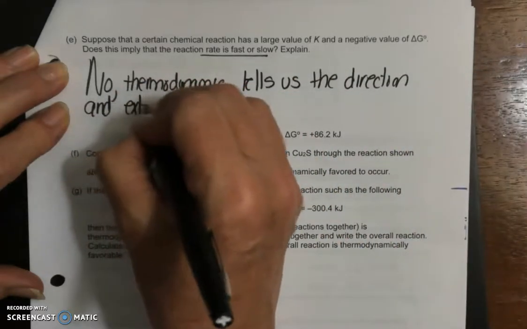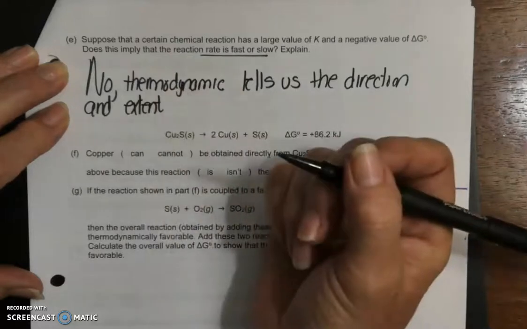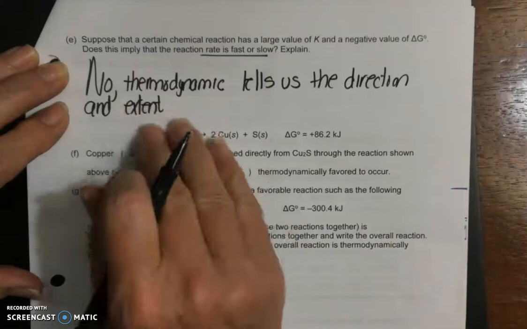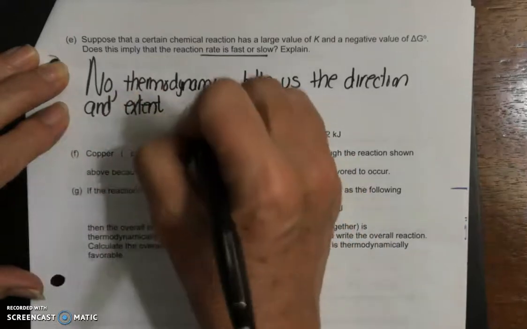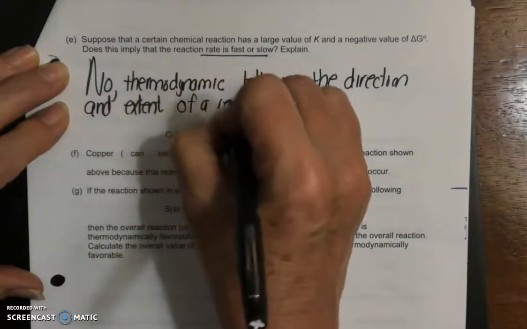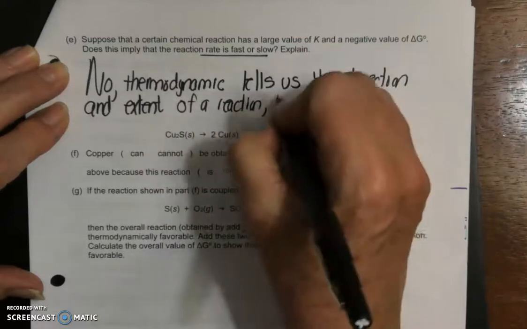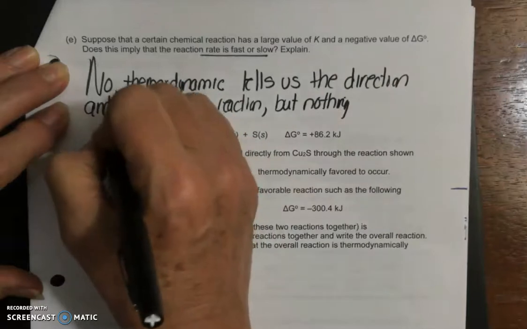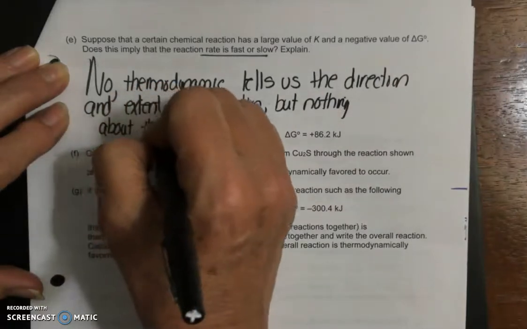We don't talk too much about the magnitude of delta G, but you can look at the magnitude as giving you an idea of the extent of a reaction, but nothing about the speed.